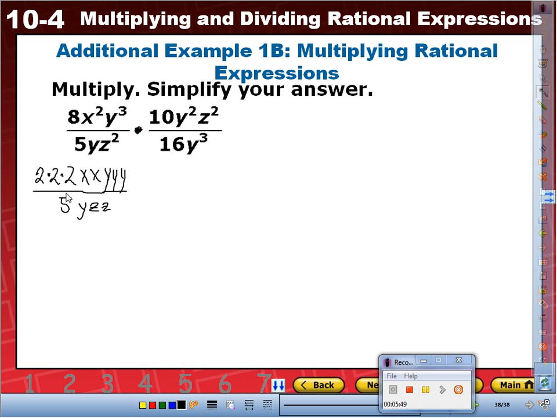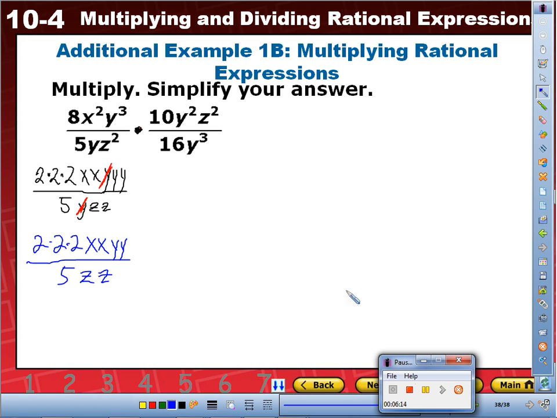Can I simplify this a little bit more? Yes. This y with this y is a giant 1. So we're left with 2 times 2 times 2 x y over 5 z times z. Give me a second. Since we cannot simplify any further, I'm going to stop right there.